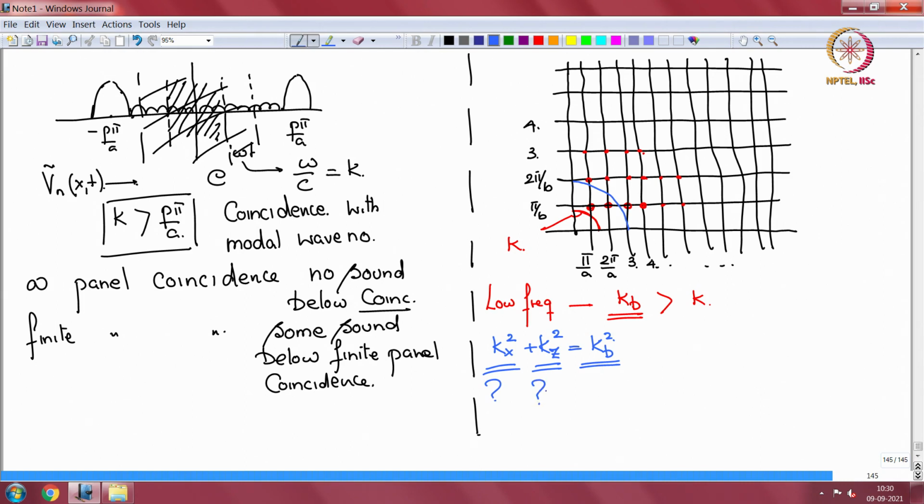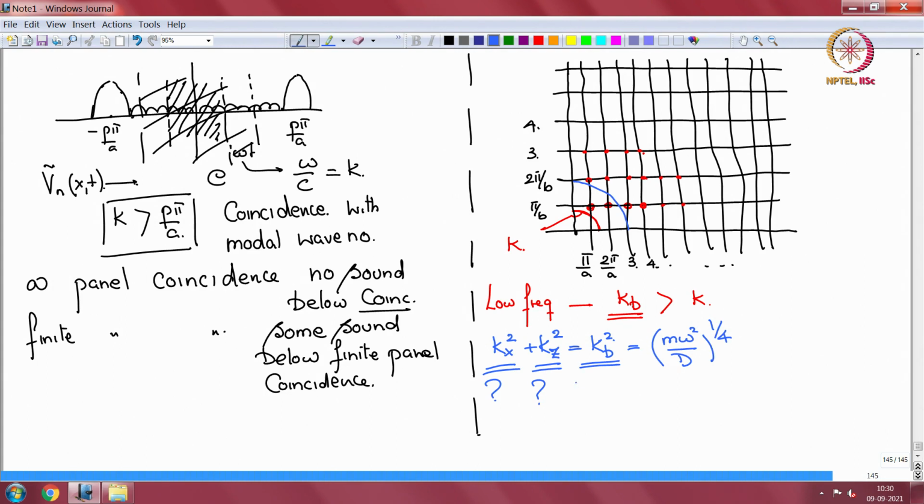Some boundary condition will decide what it is. But this is equal to (m omega square by D) to the power 1/4.